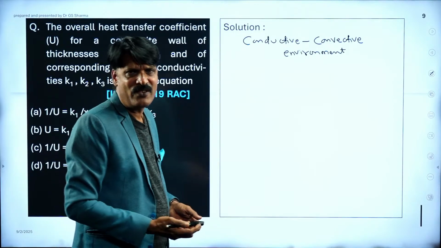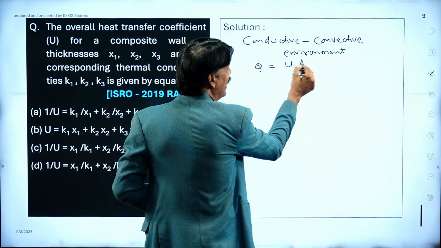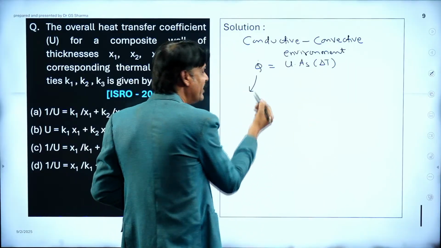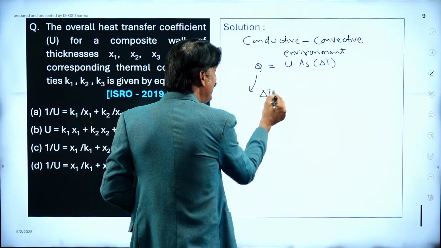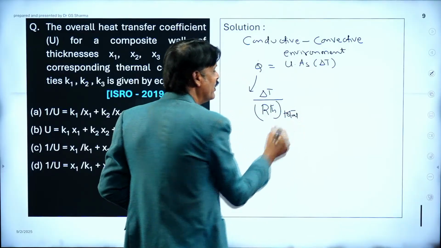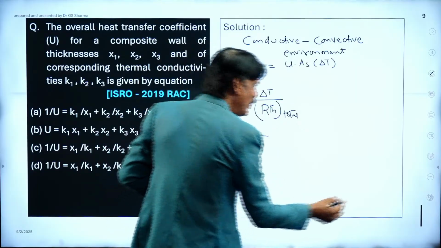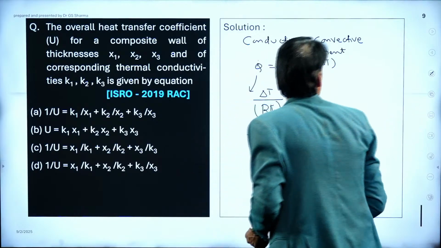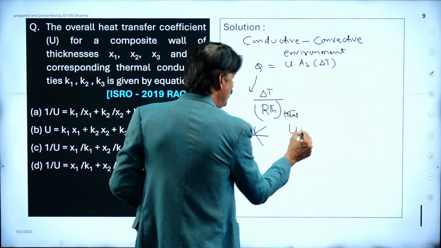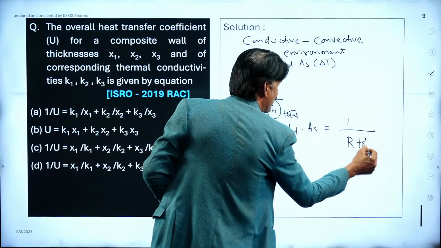So how do we write it? We say that the total rate of heat flow is equal to U into A_s into delta T, and this value of Q dot can be written as delta T divided by total thermal resistance, R total. If I equate these two, I get U into A_s equal to the reciprocal of total thermal resistance.